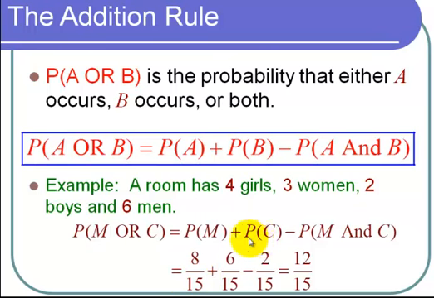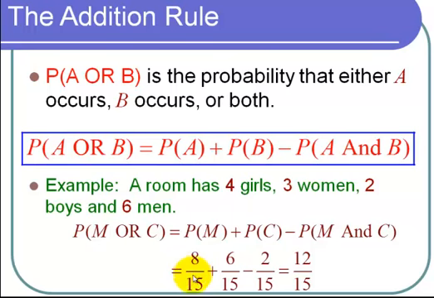And then plus the probability of being a child, well, there are 4 girls and 2 boys, so there are 6 children. So that's where I get 6 divided by 15 total people in the room. And then to be a male child, that means the person is a boy. And there are 2 boys in the room. So the probability of being a male and a child is 2 divided by 15.